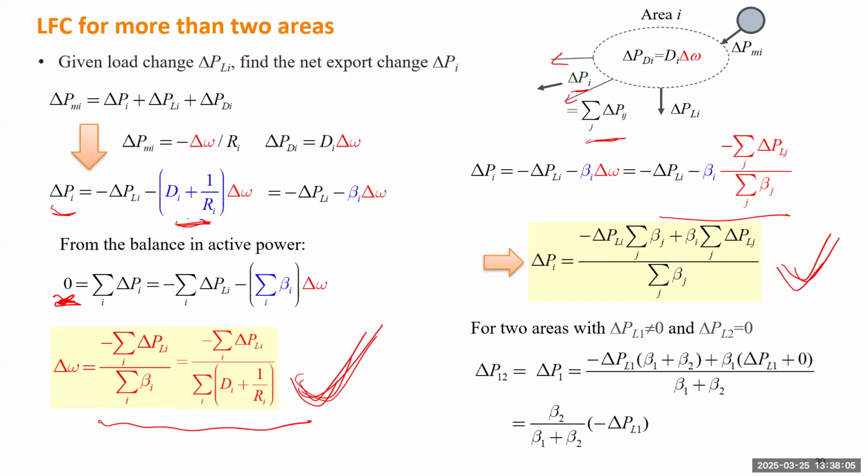Those many parallel branches together will give you a smaller total impedance, so that can help reduce your delta omega. So a bigger beta value, which means bigger D or smaller R, will give you a smaller frequency deviation. But based on this simple law, if this one is non-zero, this one will never be zero. It can be very close to zero, but it will never be zero.